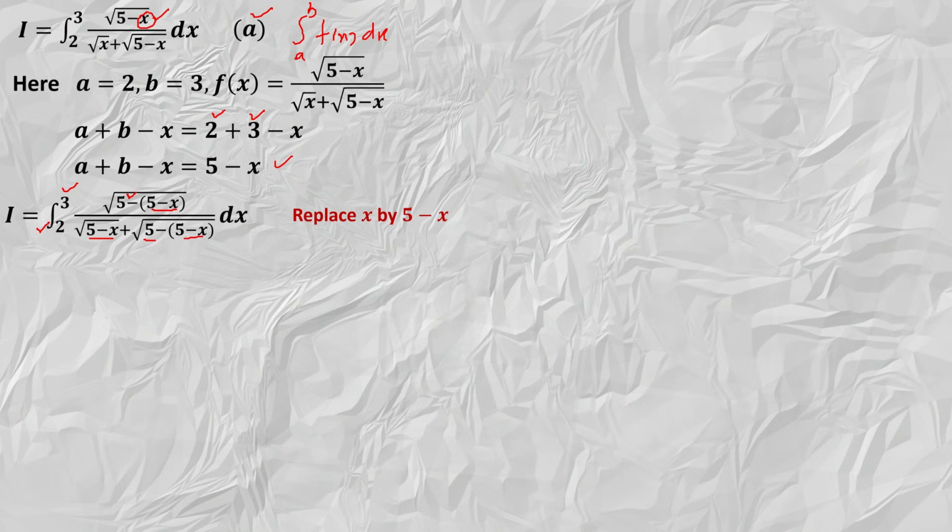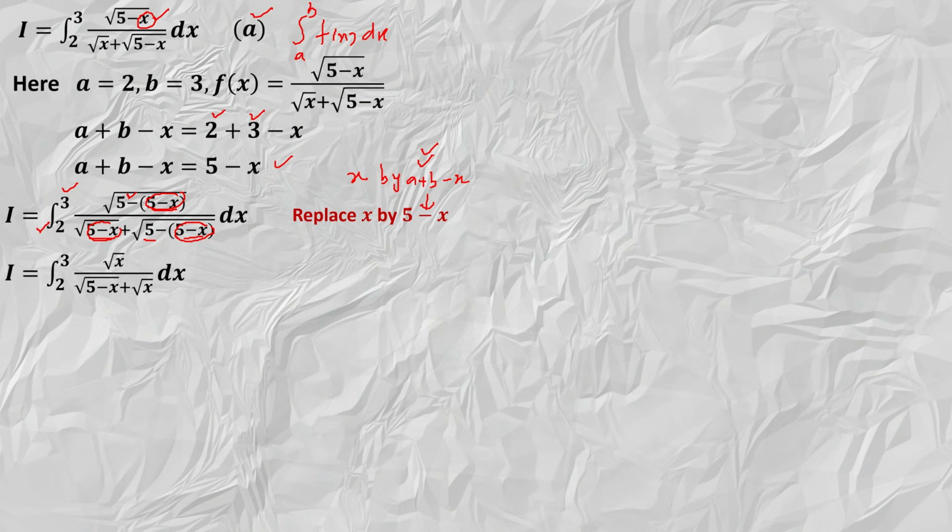Here x has been replaced by 5 minus x in the integrand. This is done by the King's property because this property says that x can be replaced by a plus b minus x and the value of a plus b minus x has been found to be 5 minus x.